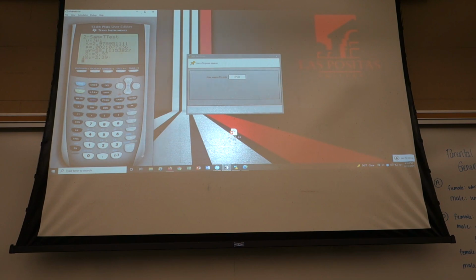So if you want to do it manually, you could start from the inside out. You could just do 8 squared divided by 10, plus 5 squared divided by 8, enter, and then raise that to the 0.5 power.